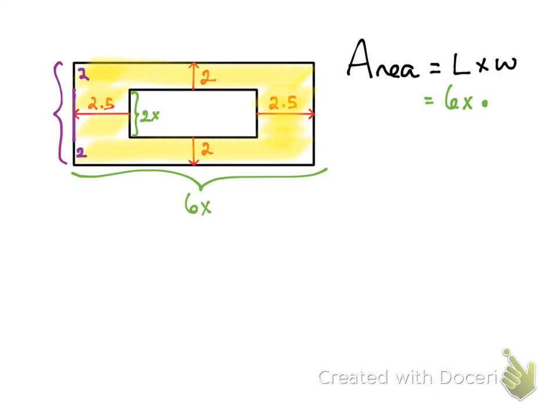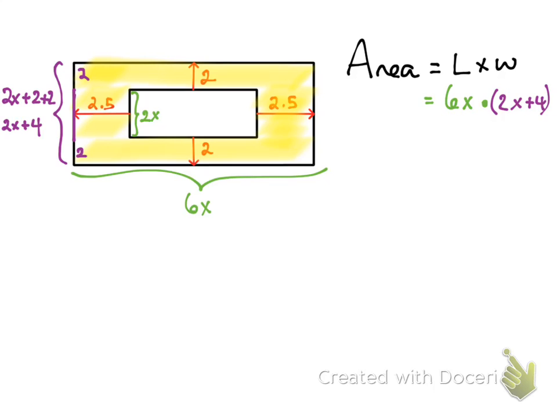I'm getting these 2's from the information in the picture. So a total of 2x plus 2 plus 2. So that's 2x plus 4 for my width. I'm going to write that down over here. So it was times 2x plus 4.